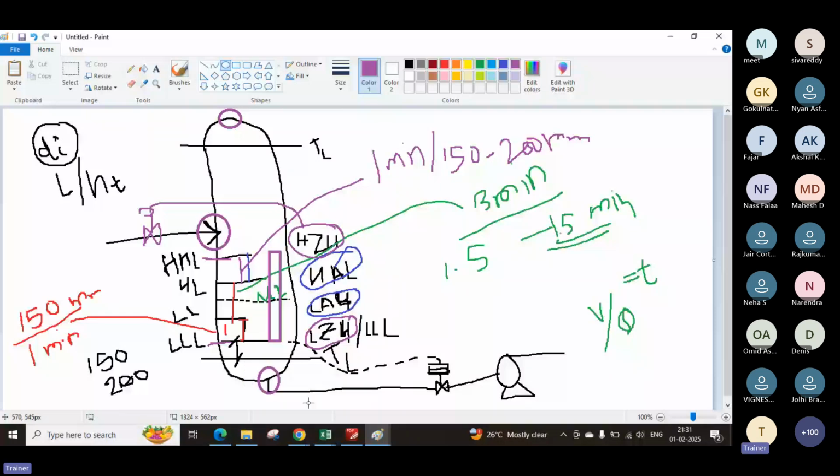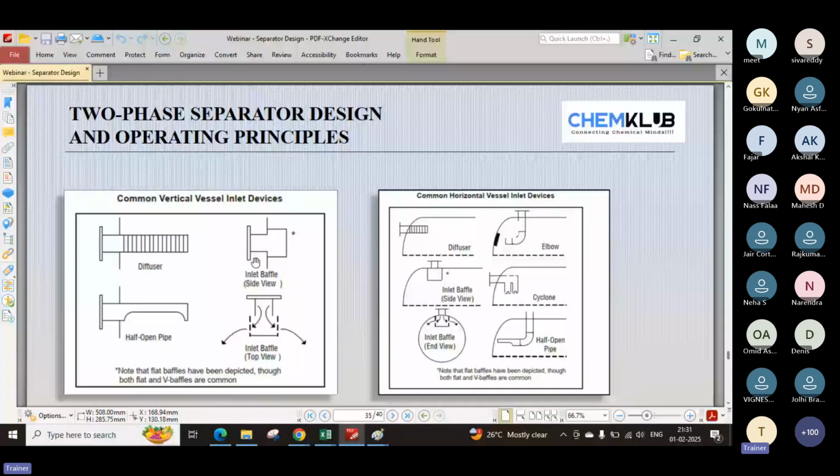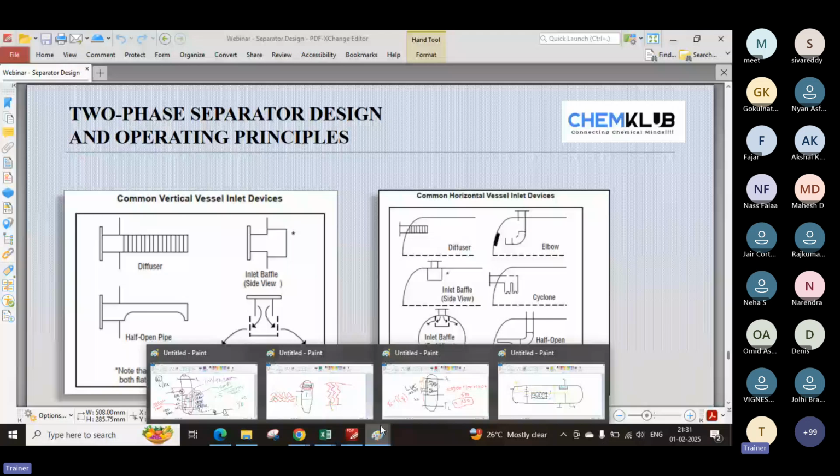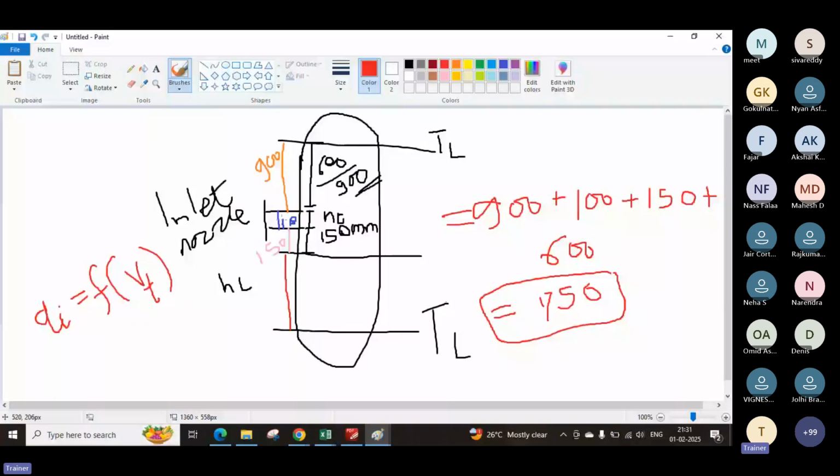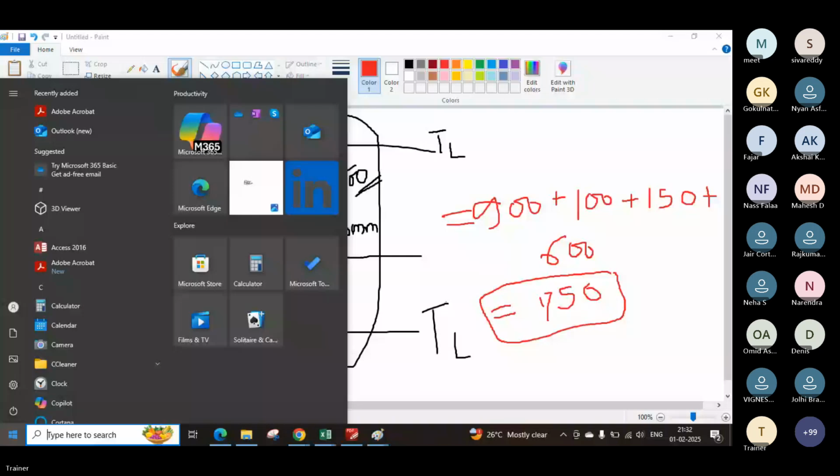And there are some other methods or other inlet devices we have. That is what I said, no inlet device, which means the nozzle is connected directly to the vessel without any additional part attached to it.